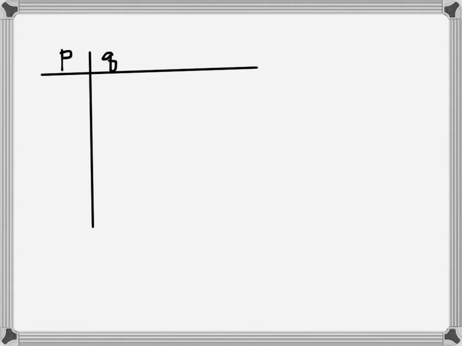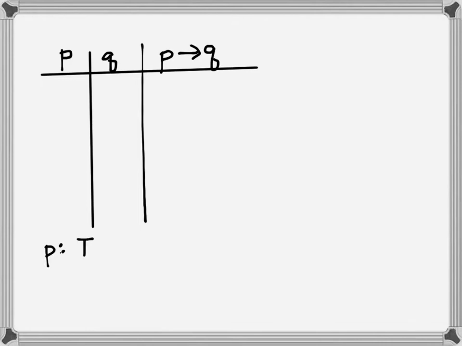I'll get to a blank screen. What I needed to do, and I don't know why it's not in your notes, is do with you a truth table for the if-then, because we didn't do that. So we're going to do a P and Q, and we're going to do the P arrow Q. I'm going to do different statements than I did before.